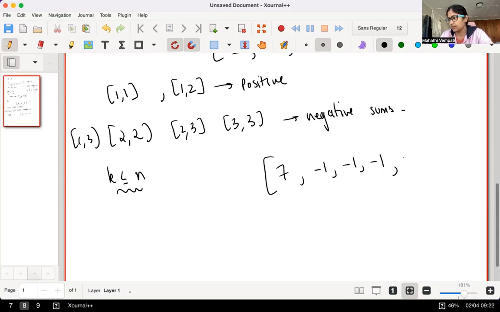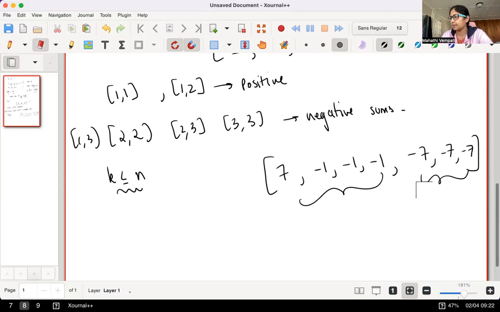And whenever you don't want it, minus 7, for instance, so that it's too big. 1, 2, 3, 4, 5, 6, 7. Yeah. So these guys will all be positive, and these will be negative. Okay, so that gives us a strategy for k less than or equal to n.